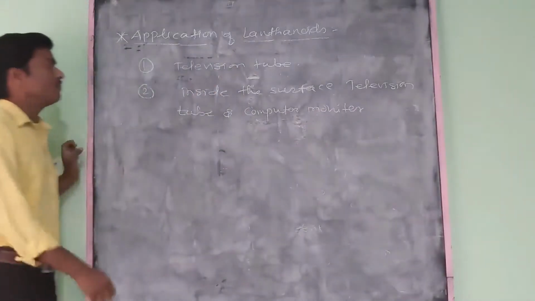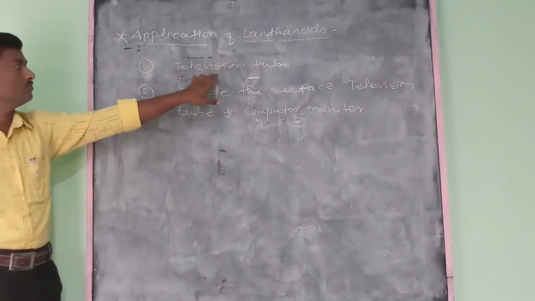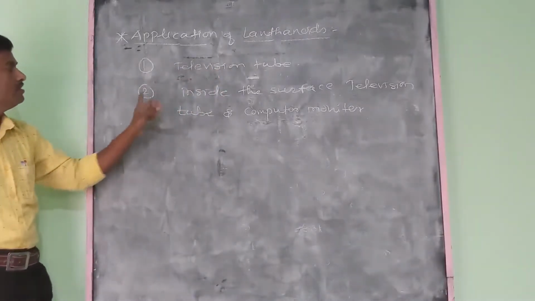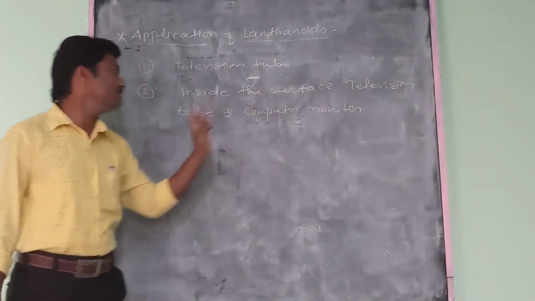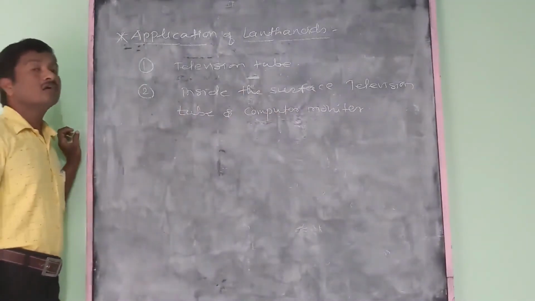Means first application is in color television tube. Then second one, inside the surface of television tube and also in computer monitors for color images.